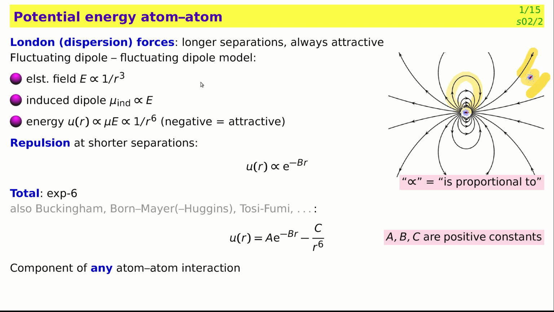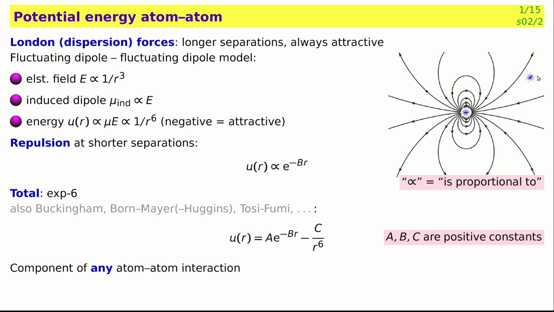The magnitude of the electrostatic field at a certain distance r from this atom is proportional to the inverse third power of the distance. It also depends on angles, but it's not important for now. The induced dipole is proportional to this electric field.